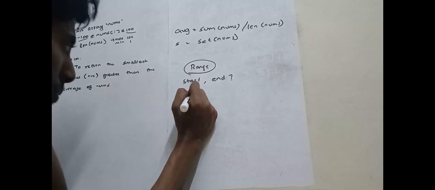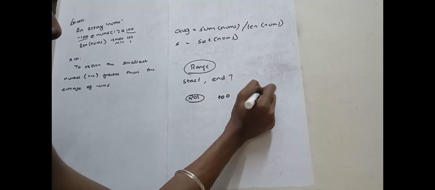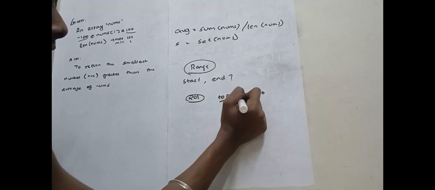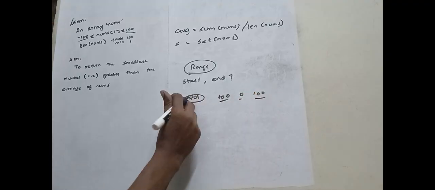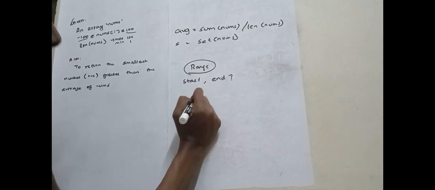When you think about the constraints, it's given over here that minus 100 to 100 is the range. So it can be proven mathematically that at max 201 iterations are to be done: 100 in negative, 100 in positive, and 0. So 100 elements plus 1 element plus 100 elements, 201 elements. At max, this is going to be your n value. But can we do better than 201 iterations?